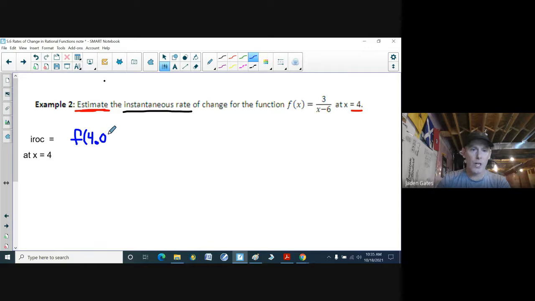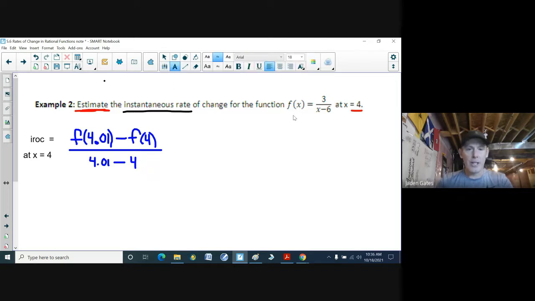So we're going to go with 1/100th, f of 4.01. Again, that little 0.01 refers to that h value that approaches 0, but in this case, we're just going to say it's really, really small. We're actually going to put a number in there. Again, subtract f of 4, divided by x2 minus x1, which is our 4.01 minus 4.